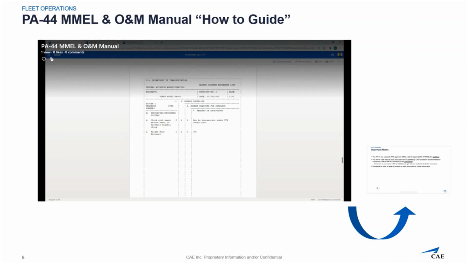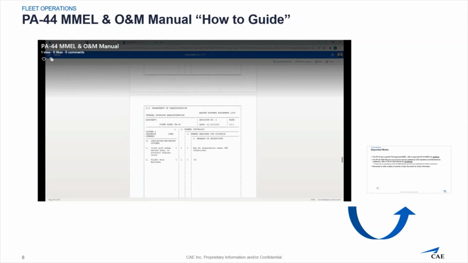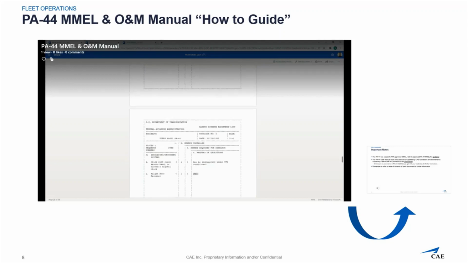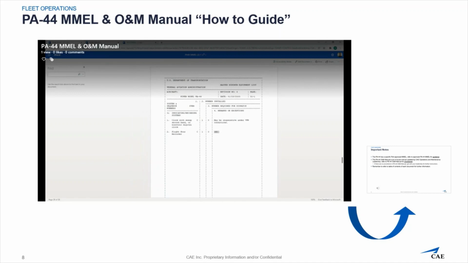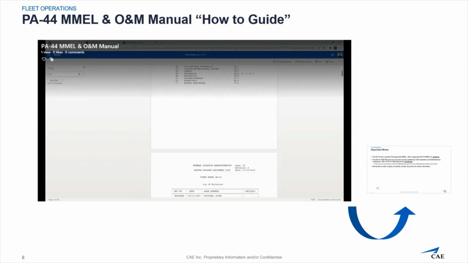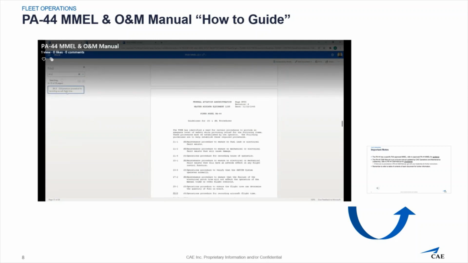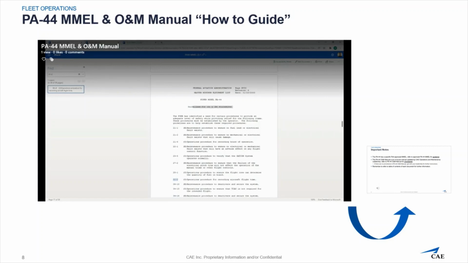For this presentation, I will go ahead and show you the O and M guidelines in this document. But again, we will refer to the PA44 O and M procedures manual. So let's go ahead and check this out, which is 31-2, which I will do a quick Control F. And as you can see here, guidelines for O&M procedures for the PA44.